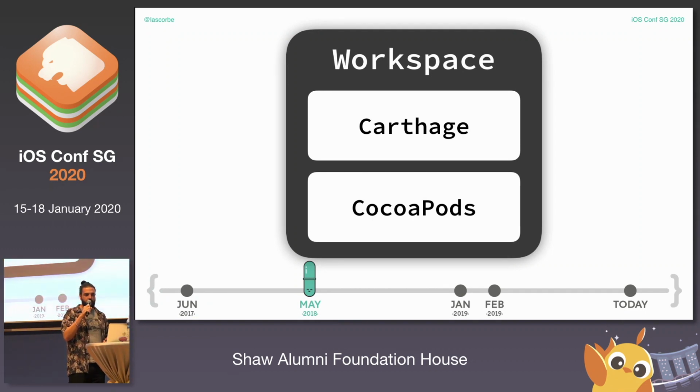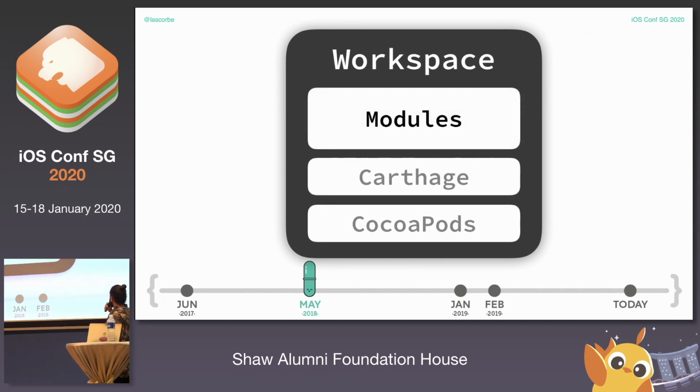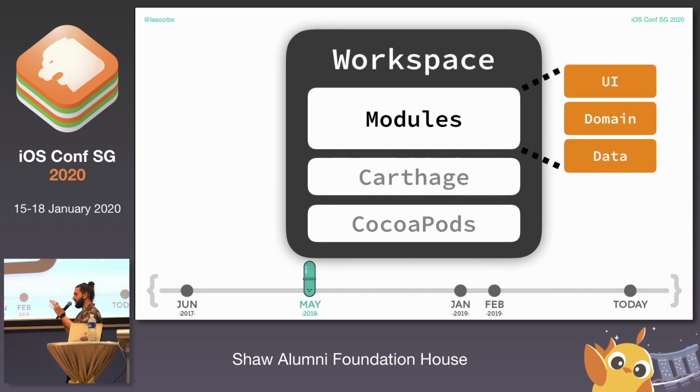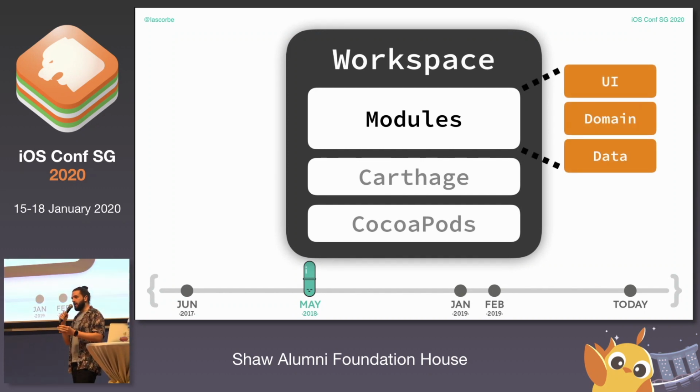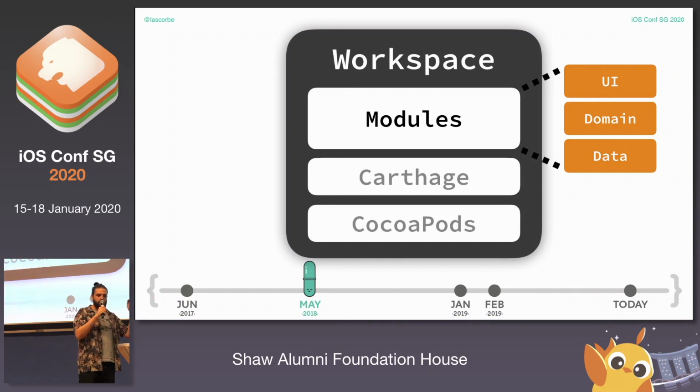And so we create new modules. The way we do it is creating vertical frameworks, vertical modules for each feature that we build inside our app, having UI, domain, and data, which are the layers of our architecture.